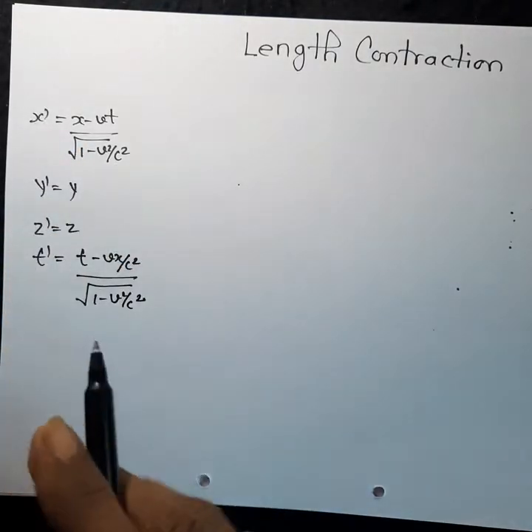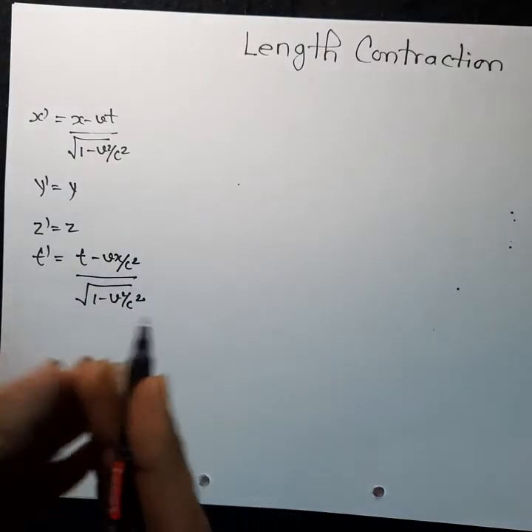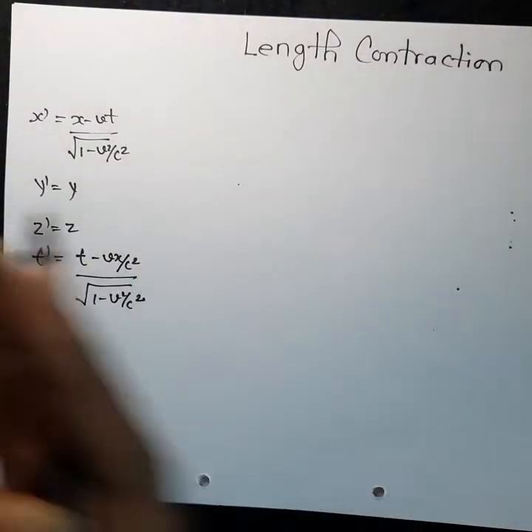So these are the set of Lorentz transformation equations which relate the coordinates of one frame of reference with another frame of reference.